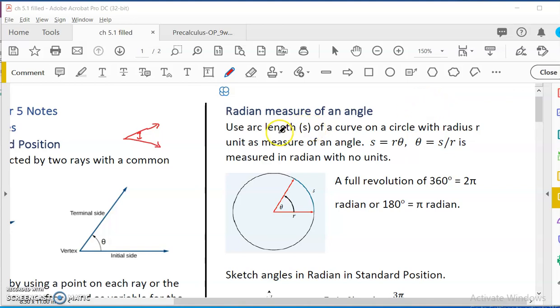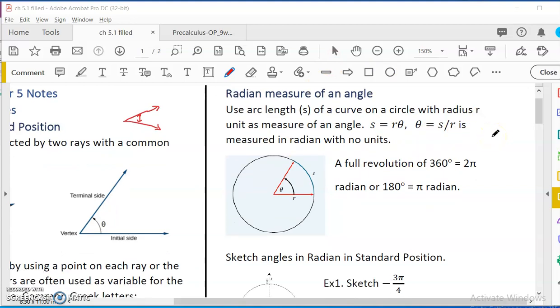So the way we do this is to use arc length. Because if we measure something, we can compare it to another measure as a unit, and so that number becomes unitless. We know that if we have a circle, the whole circle's circumference is 2 pi r.